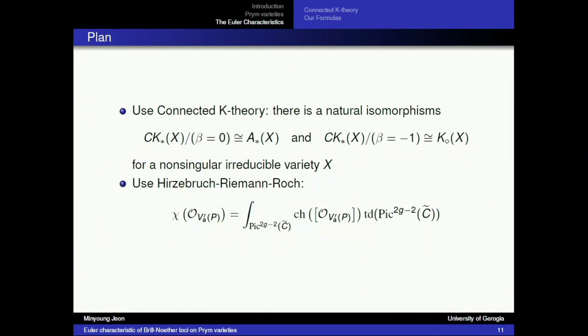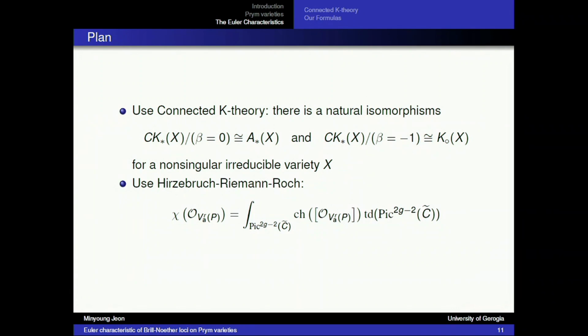Our plan is to use connective K-theory and the Hirzebruch-Riemann-Roch theorem. Connective K-theory connects the Chow homology with the Grothendieck group of coherent sheaves. If we specialize beta equals 0, then we recover the Chow homology, and if we specialize beta equals -1, then we get the Grothendieck group of coherent sheaves.